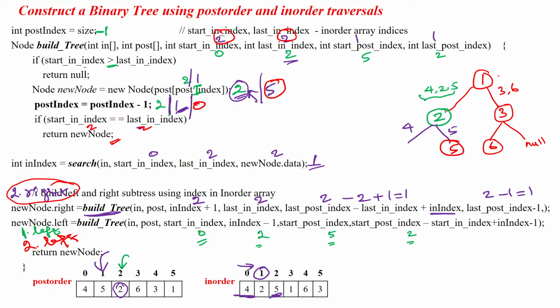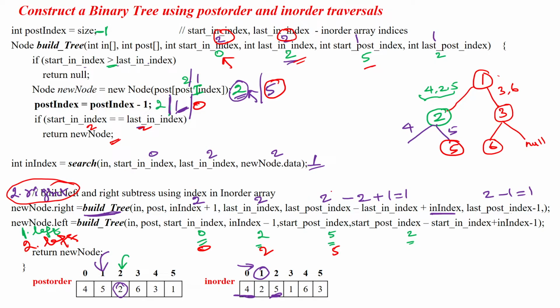So for 2 dot left, what is the starting inorder index in the previous iteration? 0. The last inorder index is 2, which we have calculated for the node 2, right? Then the starting post order index is here again 5.